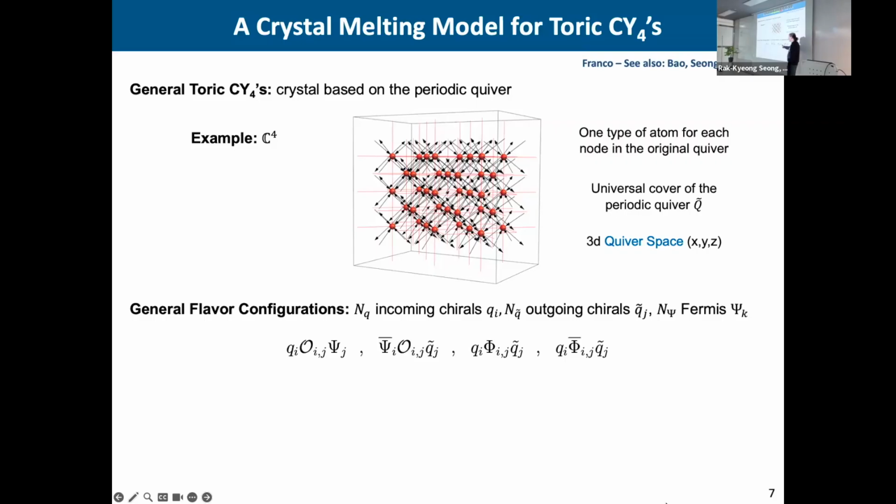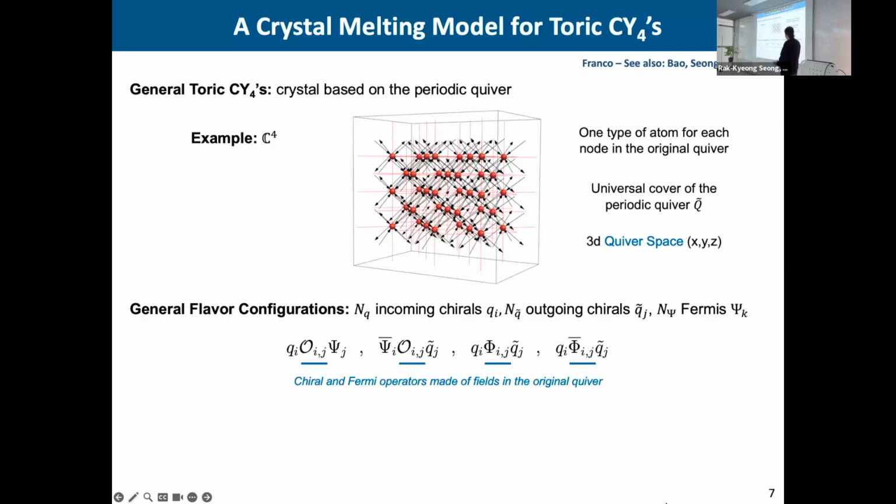It doesn't have to be a fundamental Fermi in the original quiver. It might be a product of things. And then you have the same thing. One is the J terms, and the other one is an E term. So this is the general setup that I want to consider, and I will give you examples of how these things look like and what they mean for the crystal.